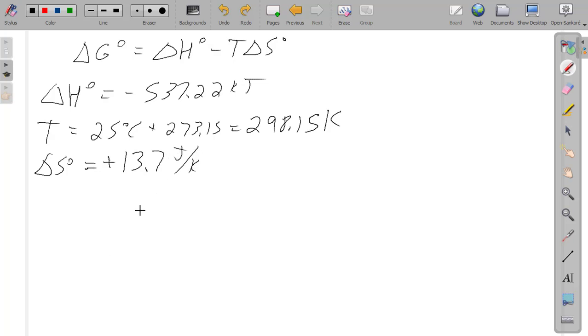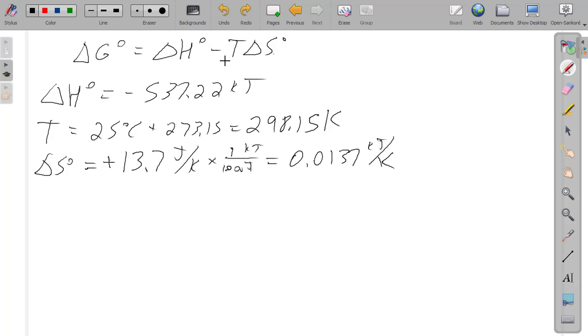Now, notice then that this is a difference operation. The units must be identical here. So this is in kilojoules, and this is just in joules per Kelvin. So, times 1 kilojoule per 1,000 joules, or just move the decimal place 3 places to the left, same idea. It becomes 0.0137 kilojoules per Kelvin. All right, now it's going to work algebraically.